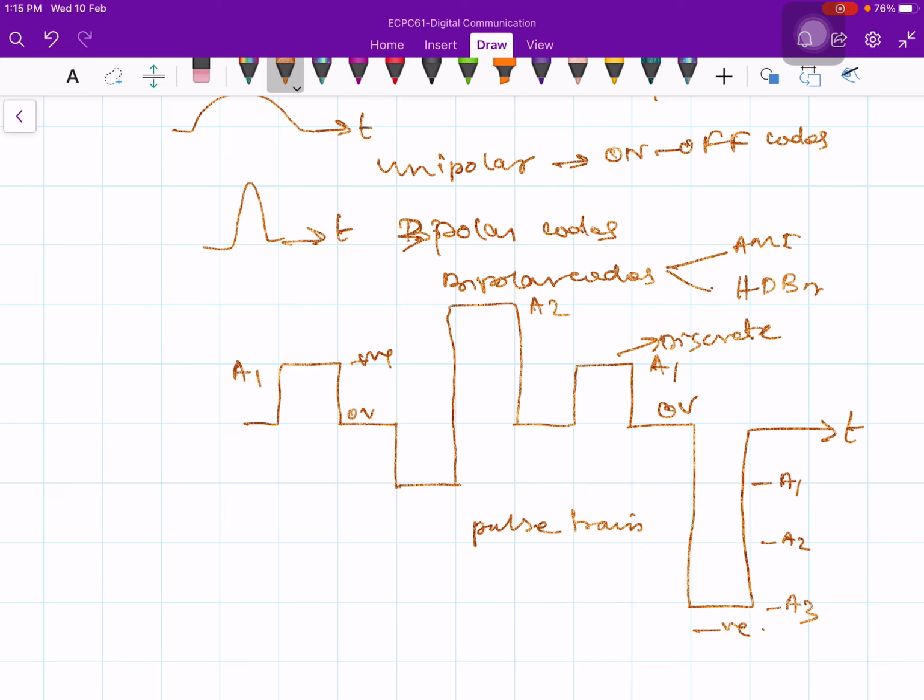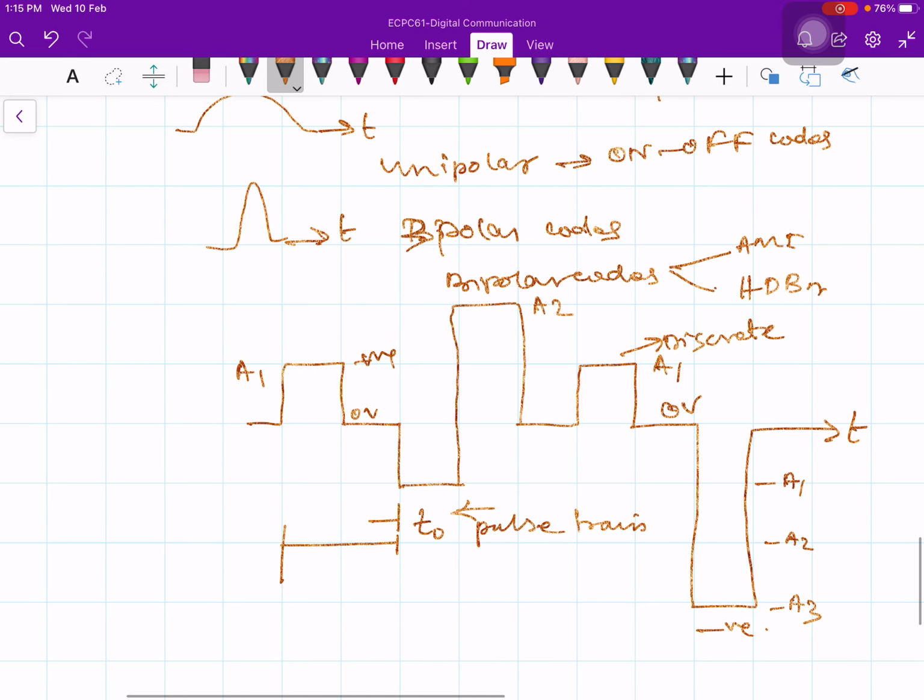Let's say your pulse width is t naught, and the total duration between successive pulses is capital T naught. T naught is your interval between successive bits.